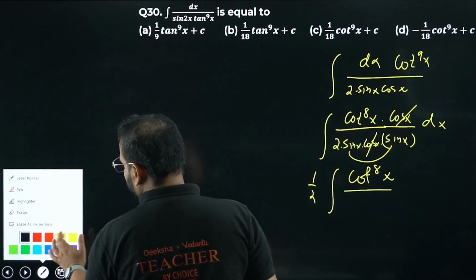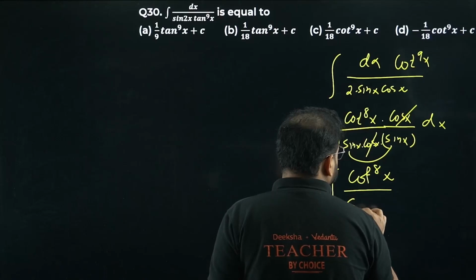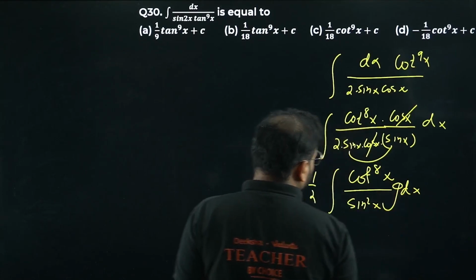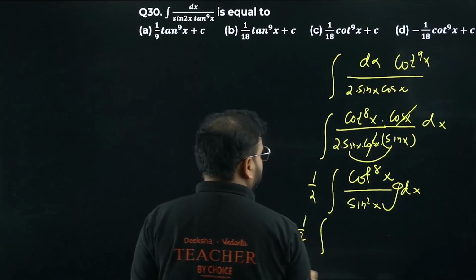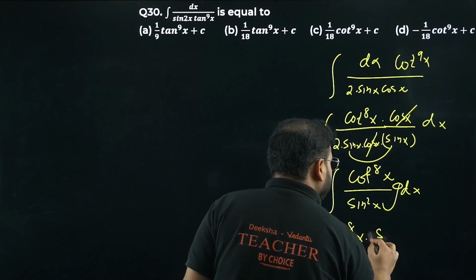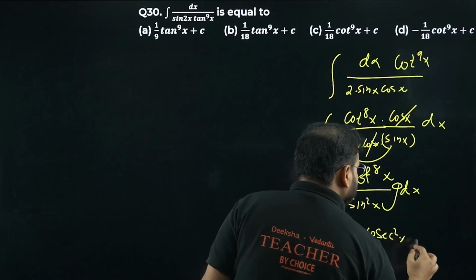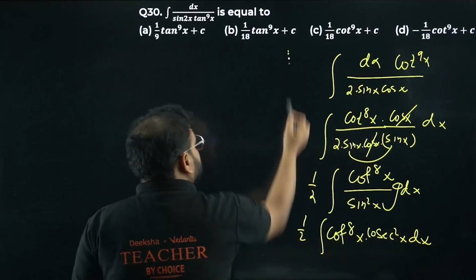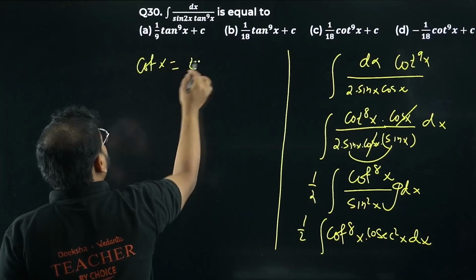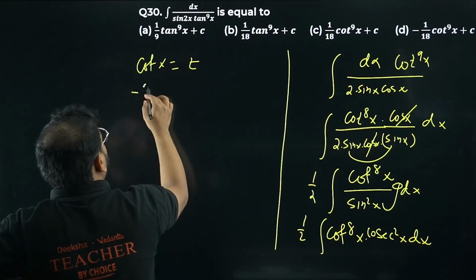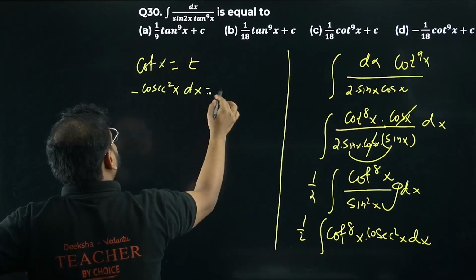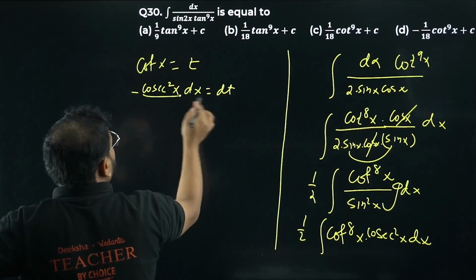Sine square x dx. Take this in the numerator, what I get? 1 by 2 is there. Integration of cot 8x, and we have this time cosec square x dx. Okay, now we'll have the substitution. Take cot x as t, you get the derivative as minus cosec square x dx as dt, hence I'll have this value as minus dt.